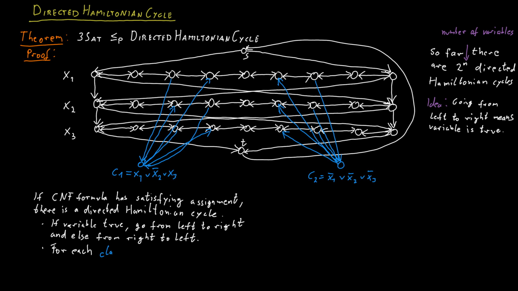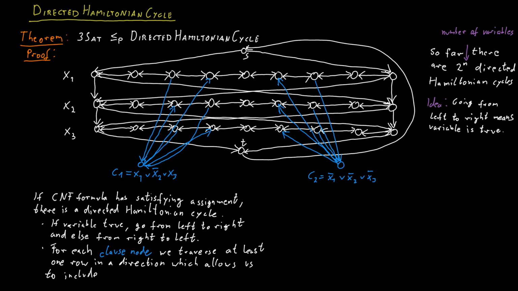If we do this, then for each clause, because each clause must have a true literal in it, there will be at least one row in which we are going in the correct direction, meaning in the direction that allows us to splice this clause node into our cycle. So if this is a satisfying assignment, then indeed we can splice in all the clause nodes into our tour and therefore get a correct directed Hamiltonian cycle that visits each vertex exactly once.